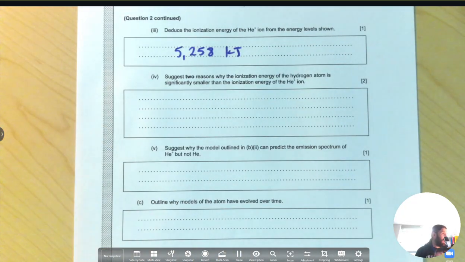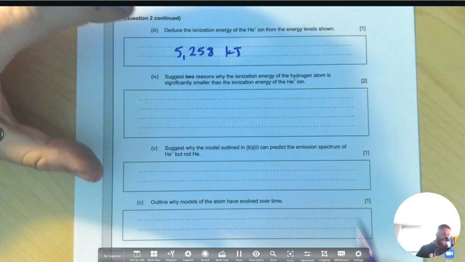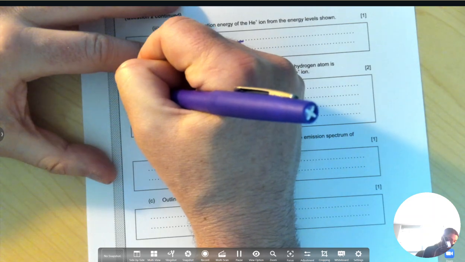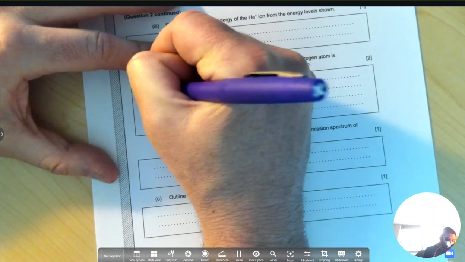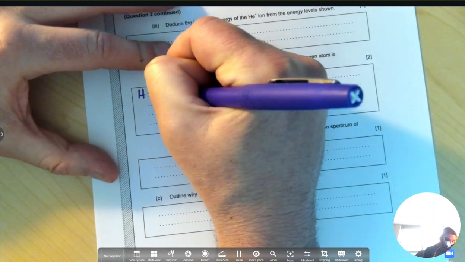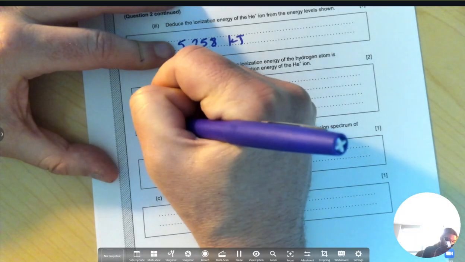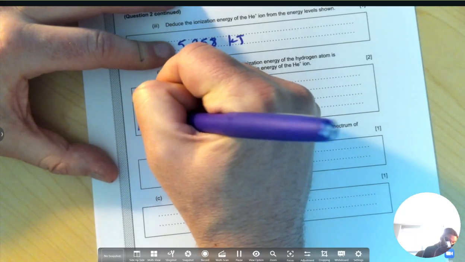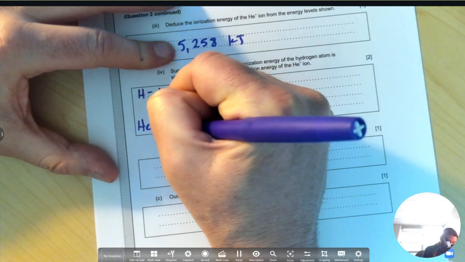Suggest two reasons why the ionization energy of the hydrogen atom is significantly smaller than the ionization of the helium cation. So remember, if we look at a hydrogen atom, it has 1 proton and 1 electron. Well, this helium cation has 2 protons and 1 electron.